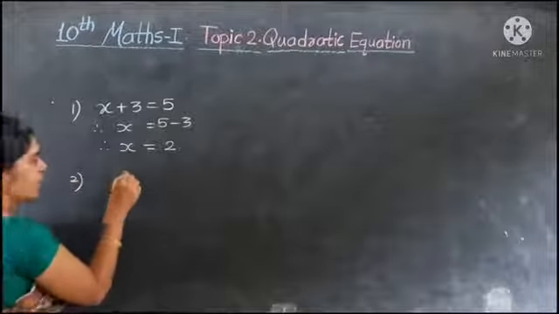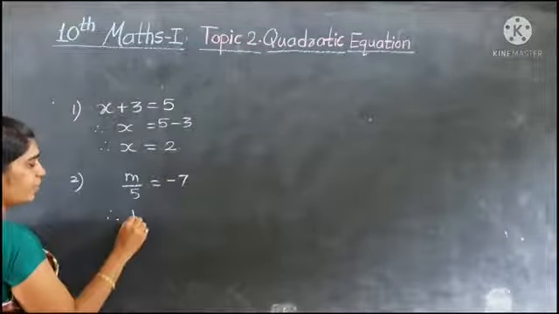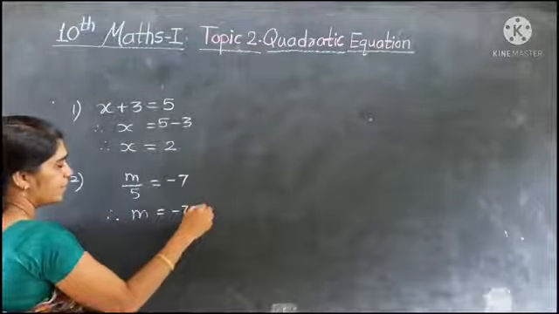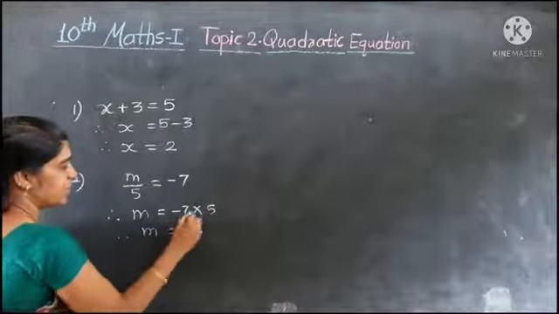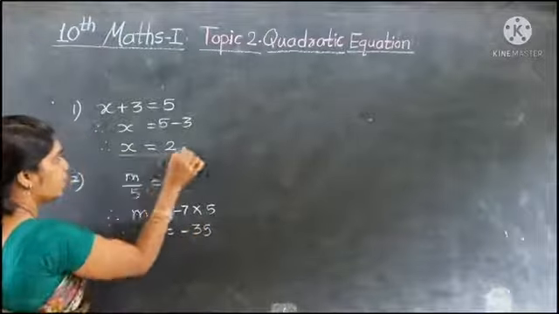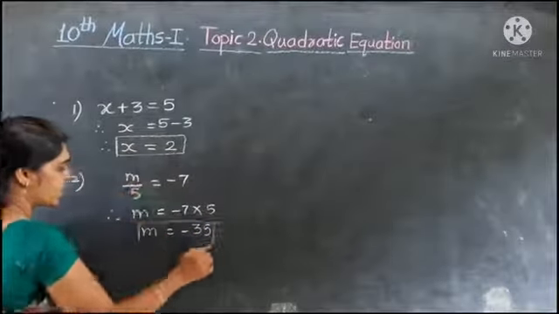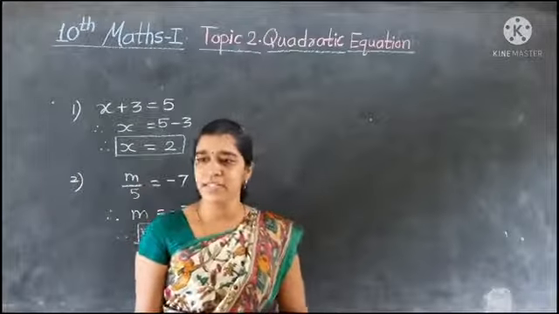Also see, if m upon 5 is equal to minus 7, then we multiply minus 7 into 5, that is m is equal to minus 35. You had learned this linear equation in one variable in the 8th standard.